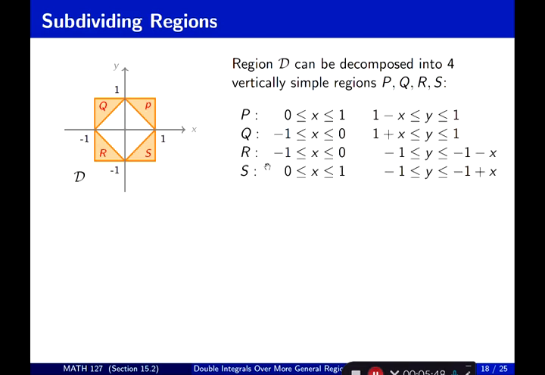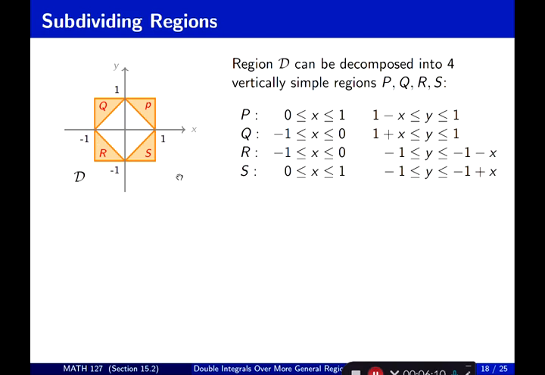And so we name them P, Q, R, S. For P, for example, x is between 0 and 1, and y is between 1 minus x and 1. And for Q, again, x is between -1 and 0, and y is between 1 plus x and 1.